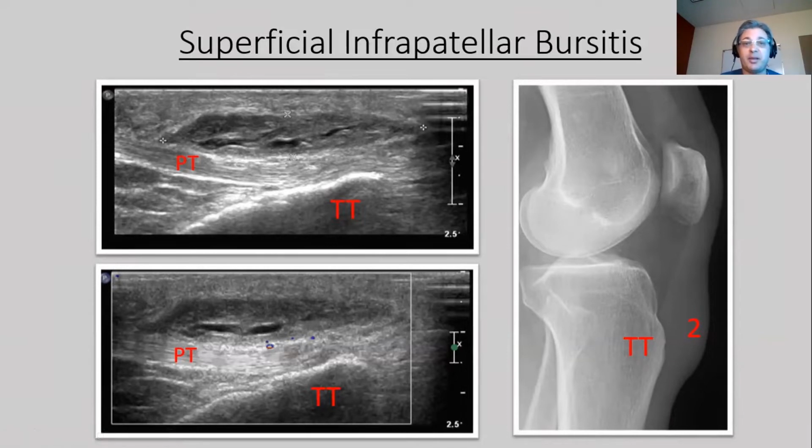This particular complex appearing mass, with both solid and cystic sonographic components, does not have significantly increased internal flow, perhaps suggesting that this bursal inflammation is more chronic and long-standing without active bursal inflammation present.